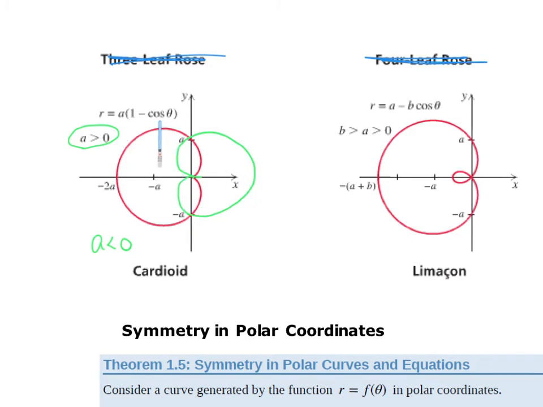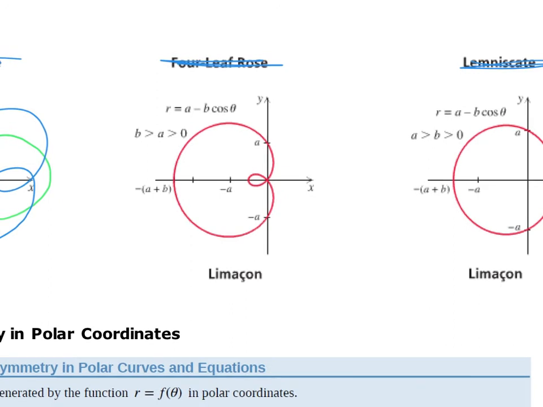And of course, when we have cosine, we also get to have sine. And so the sine, of course, would look poorly drawn like this, or like this, depending on which way it's orientated with a. The other one we have is a limacon. A limacon is basically a cardioid with a loop.